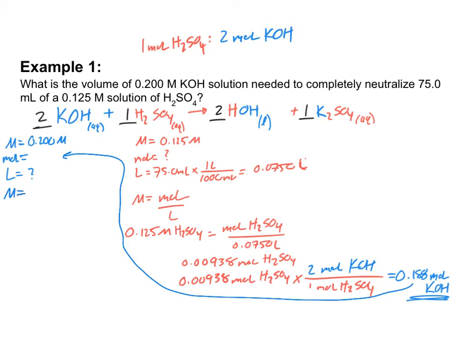So molarity is equal to moles over liters. 0.200 molar KOH is equal to moles KOH over, oops, not moles. Let me back this up a second. Just got a little carried away here. All right. We know that this is 0.0188 moles of KOH.